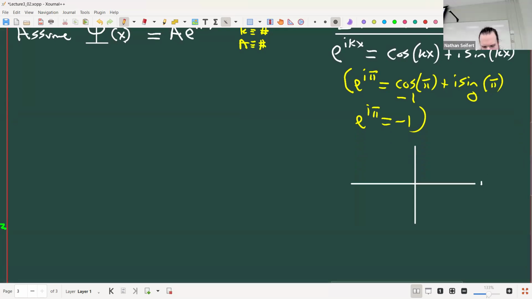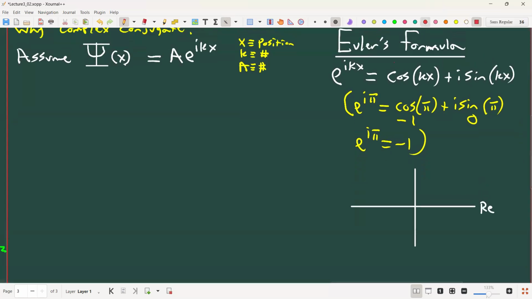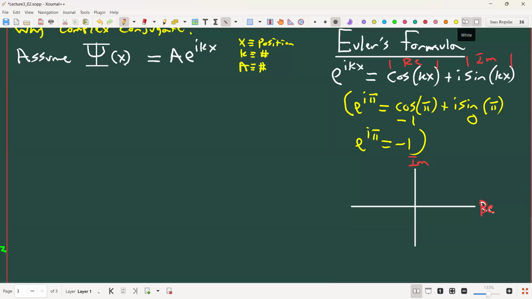We're going to put the real part of the complex number, the cosine part, on the x-axis, and the imaginary part, the part with the i, which we'll call Im, on the y-axis, as a function of x. So let's put 0 in there. If x is 0, then cosine of 0 is 1. Sine is 0, so this number is 1 on the real axis.